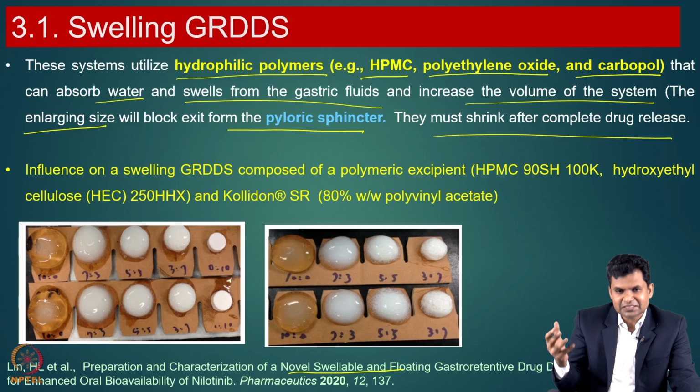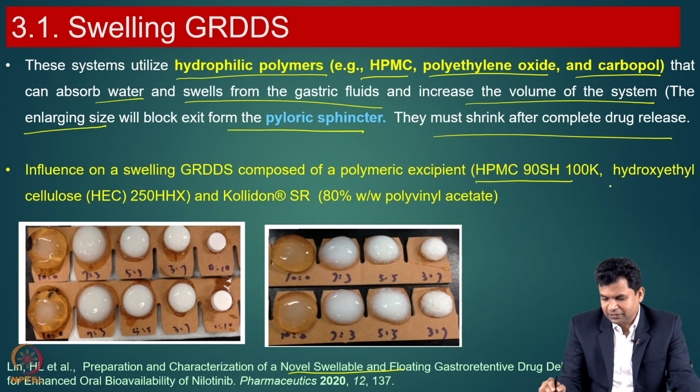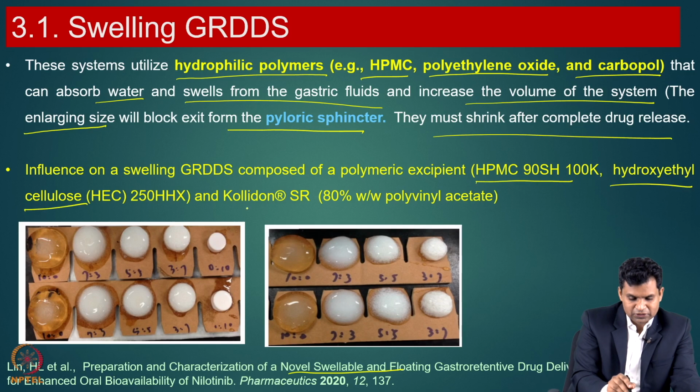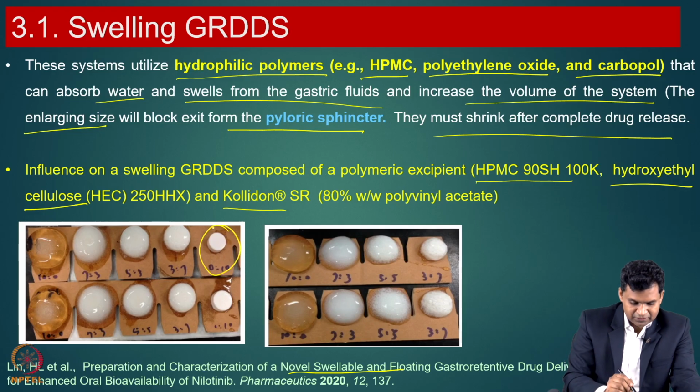To improve the bioavailability, scientists have used various types of polymers: HPMC, hydroxyethyl cellulose and kollidon. They tried various ratios and checked the solubility of the polymer in various fluids.